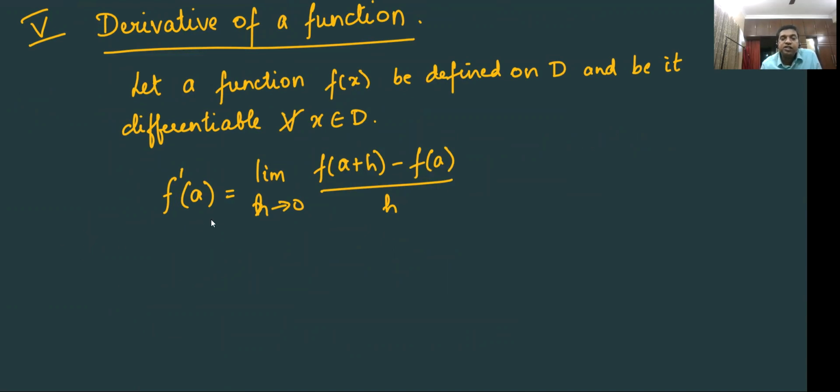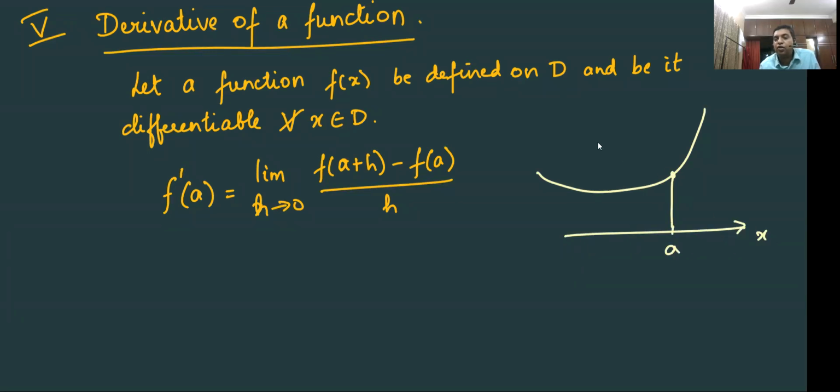Now, at a point x equal to a on the curve, you find the derivative. That is the slope. Derivative again is the slope of the tangent at that point a.